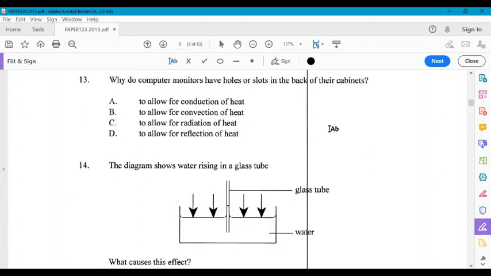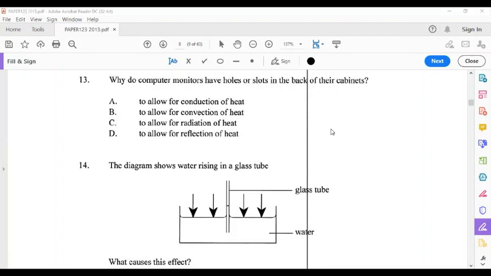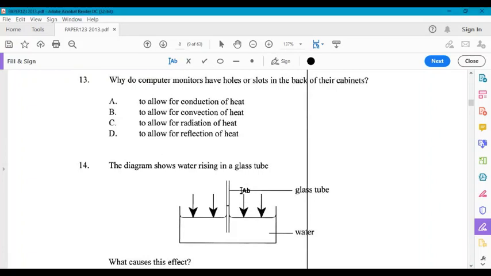Number 13, why do computer monitors have holes or slots in the backs of their cabinets? To allow for some transfer of heat. Yes, that's correct. But which method? There are three ways that we can transfer heat. We can transfer heat through direct physical contact of materials.